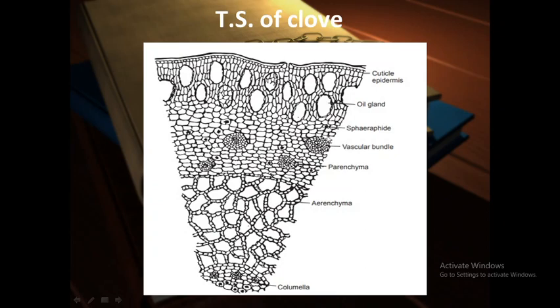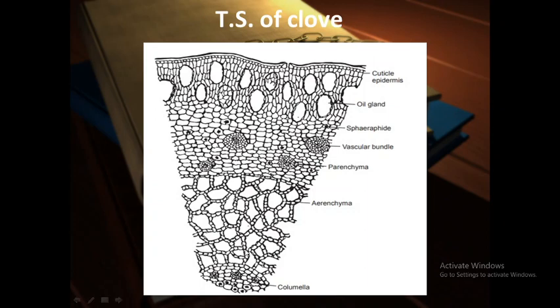Then the middle zone basically contains the vascular bundle, the important characteristic feature of the middle zone of cortex, where the xylem is present, and the lignified spiral vessels are also there in the middle layer of cortex. The bottom layer or lower layer basically contains the parenchyma where air spaces are there.